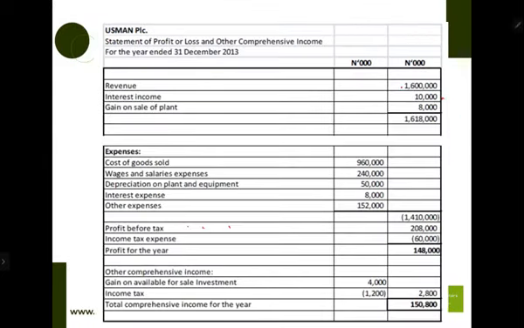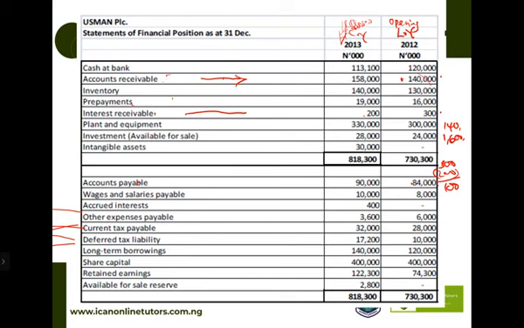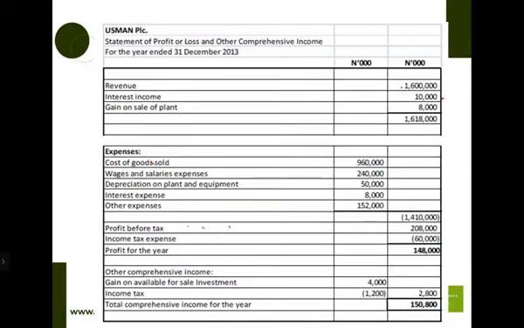Where's your cost of goods sold? You can see it, 960. They must give us the cost of goods sold breakdown. In case we are not given, then it has to be in the statement, because part of the items is our cost of goods sold. Is that taken? All right.